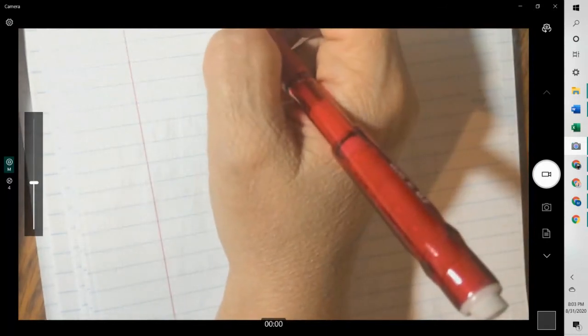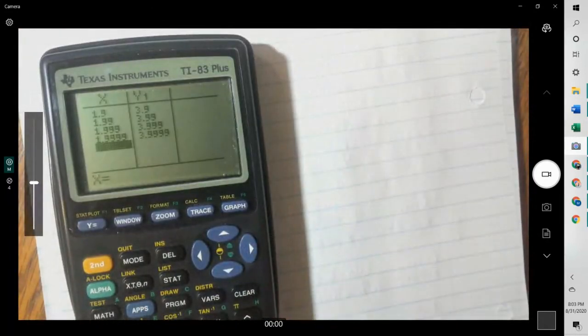So the limit doesn't exist. One way of looking at it is to look at the graph.